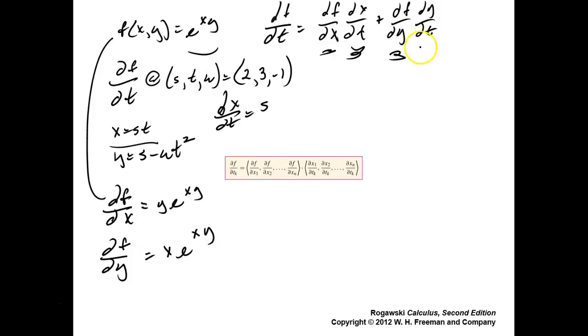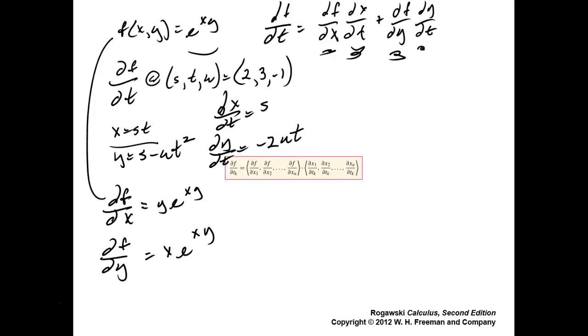And we'll also need the partial of y with respect to t, which we would get here. Partial of y with respect to t would be negative 2ut. U is counted as a constant. Okay, right. Got it. All right.